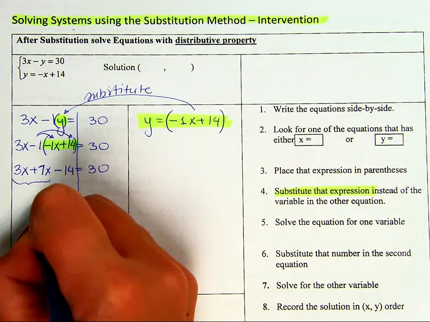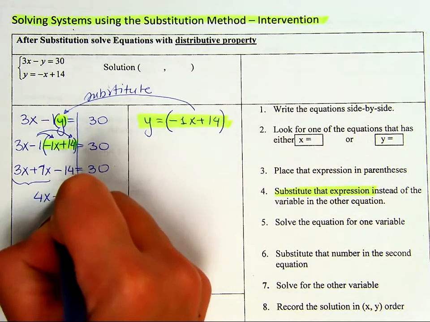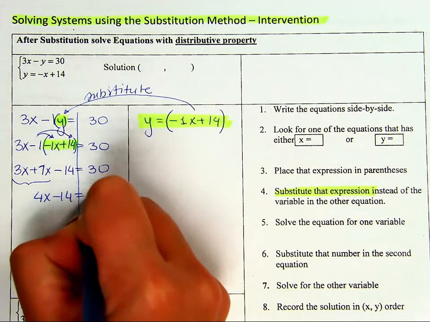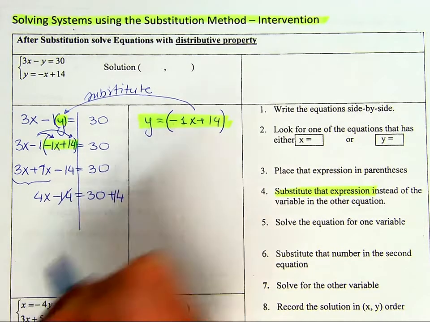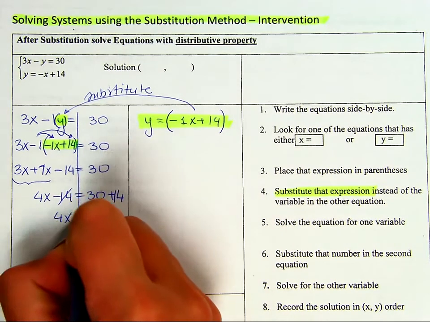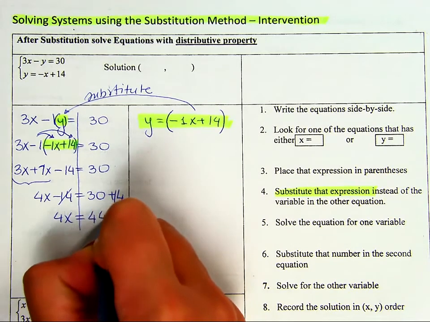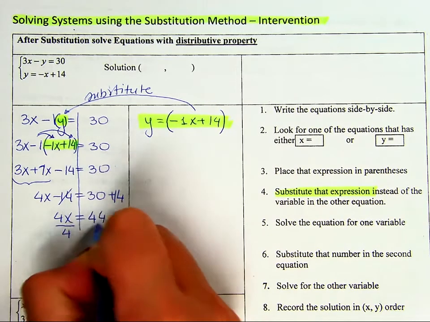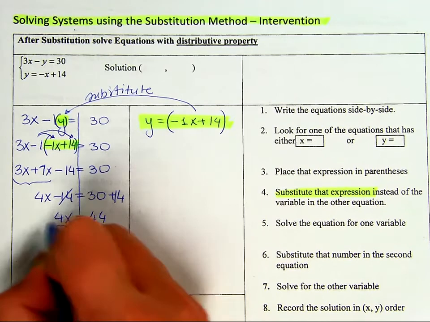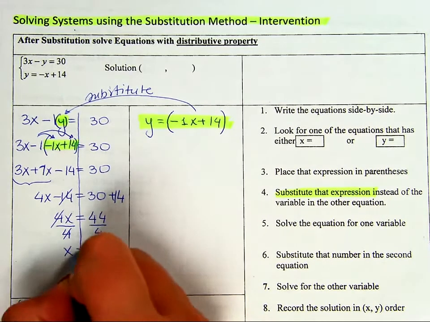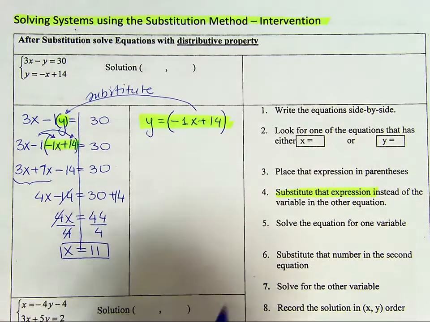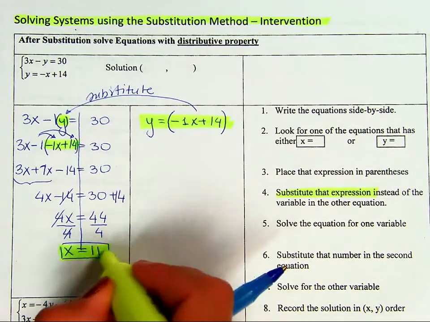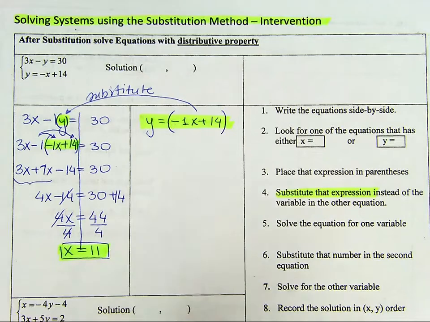Combine the like terms, we have 4x minus 14 equals 30. Using inverse operation, we add the 14. And x is multiplication, so the inverse operation will be dividing by 4 on both sides. And we have the x value now found, which is 11.